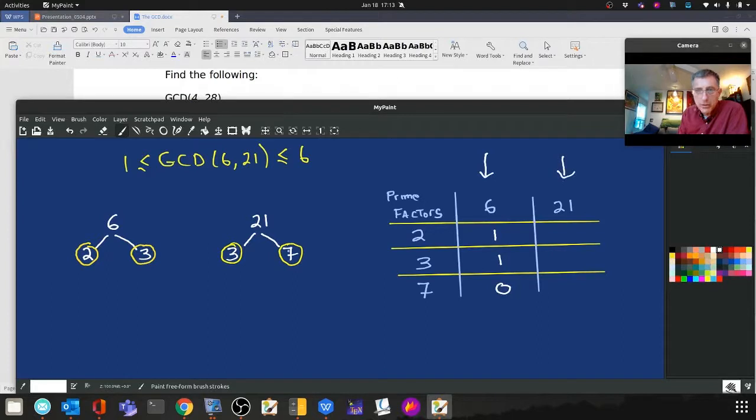How many 2's occur in the prime factorization of 21? 0. How many 3's? 1. And how many 7's? 1. So here's the formula. We're going to extract this information to find the GCD of 6 and 21. It's going to be equal to each of the prime numbers raised to some power.